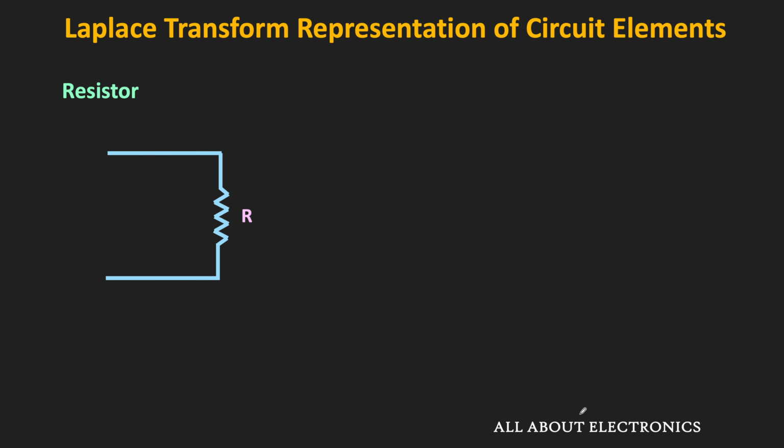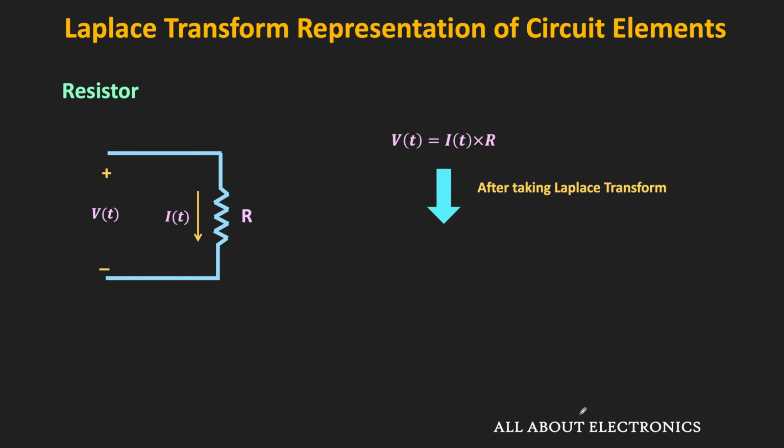Let's say the voltage across the resistor is equal to V of t. And because of this voltage, let's say some current I of t is flowing through the resistor. As per Ohm's law, this voltage V of t is equal to I of t times R. After taking the Laplace transform, let's say the voltage and the current in the S domain are V of s and I of s. Since R is constant, it will remain the same in the S domain.